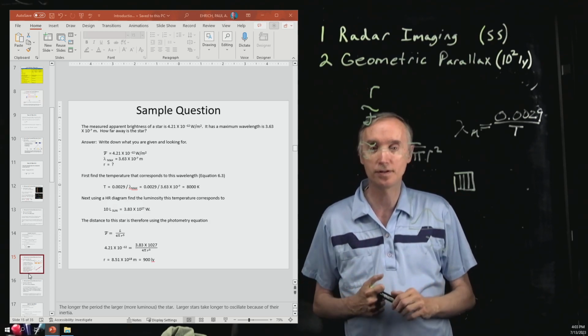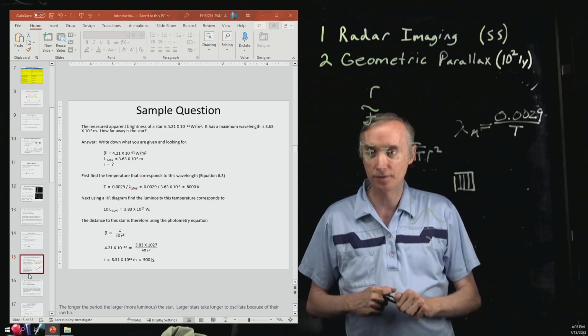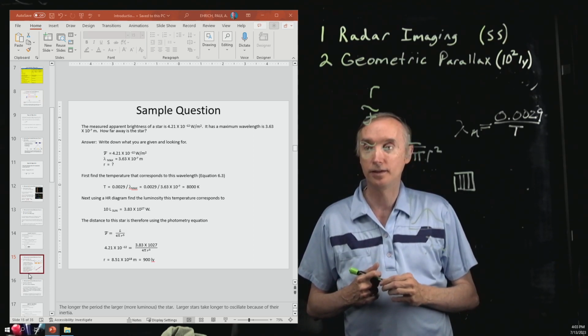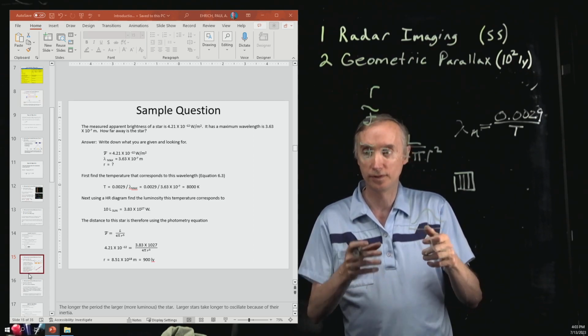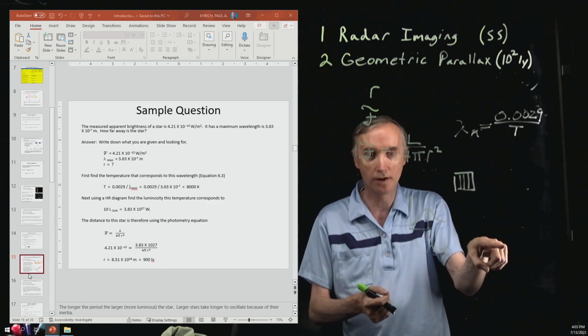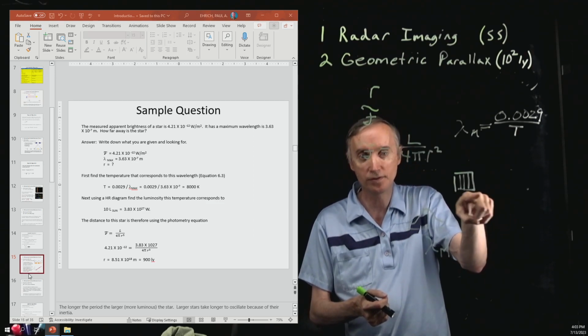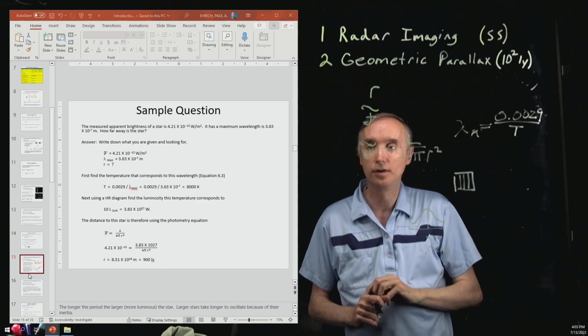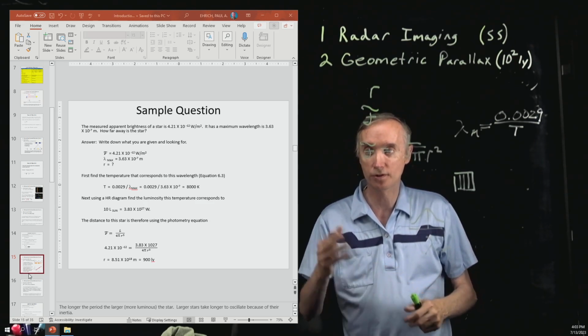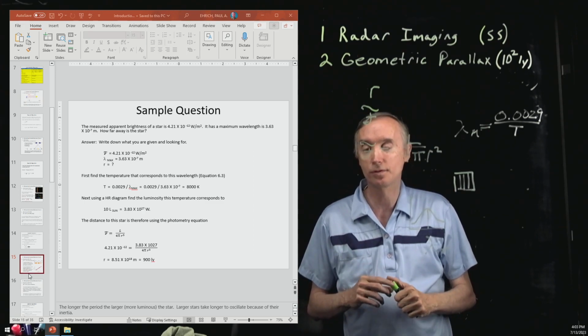Now, we know what the maximum wavelength is because we used our diffraction grating. So calculate the temperature. And it turns out the temperature of this star was 8,000 Kelvin. Okay, now get out your HR diagram, find 8,000 down at the bottom, bounce it off the main sequence, and then write down the brightness of that star, which turns out to be 10 times the brightness of the sun.